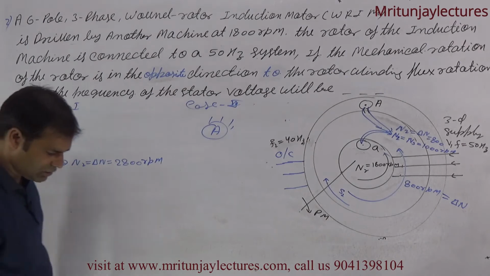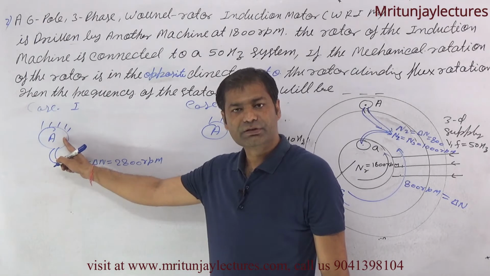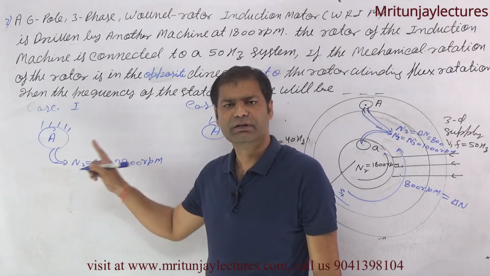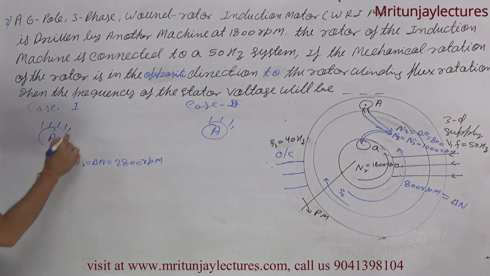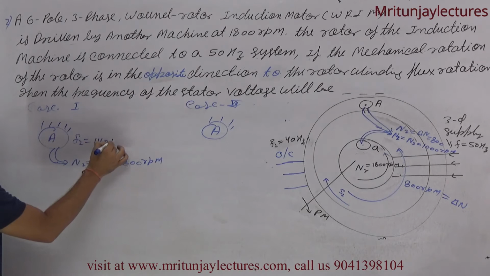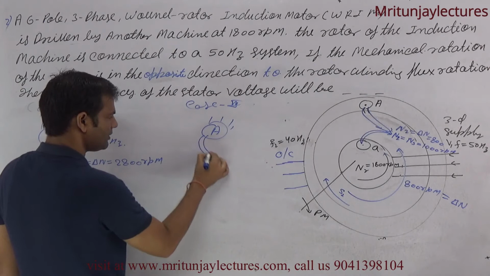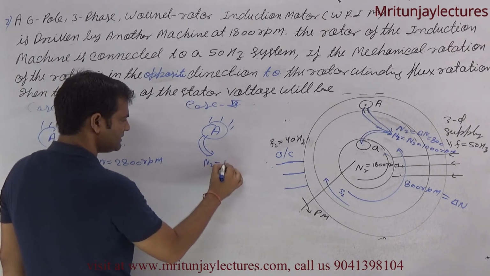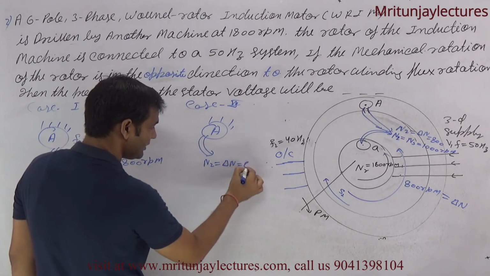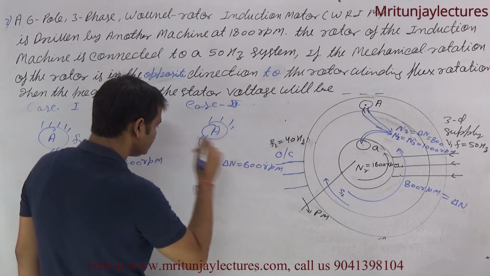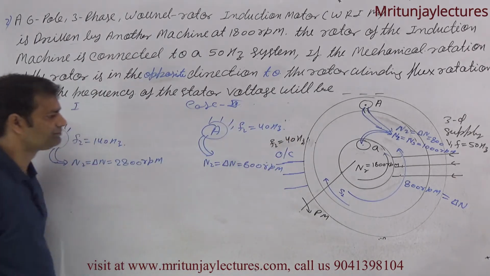Okay, N2 means the rotor field speed with respect to the stator structure or stator winding. Clear? Okay, and F2 is 140 Hz. Now in case second we got N2, that is delta N, equal to 800 RPM. And F2 is equal to 40 Hz. Clear?